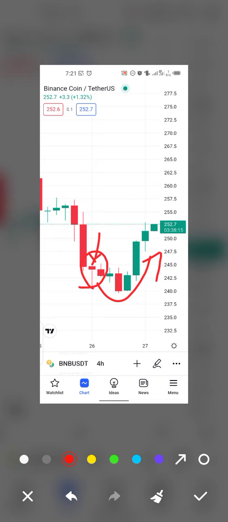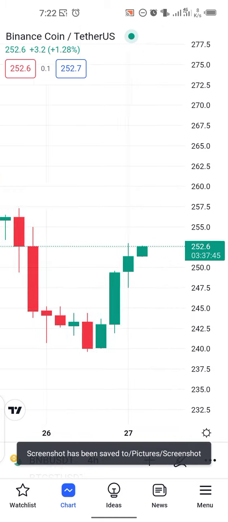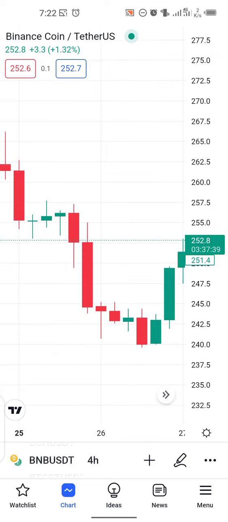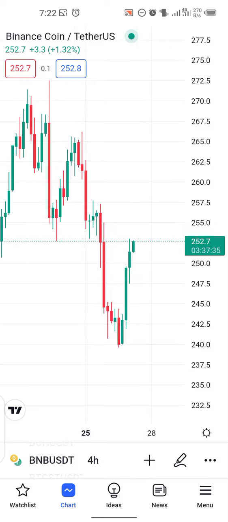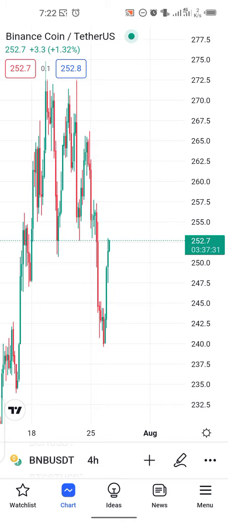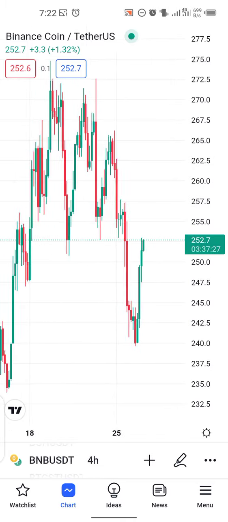When a pin bar is formed, you see this pin bar was formed, then after here the market went up, right? I hope you see the trend. Then the pin bar was formed, then the market moved up. I hope you see that.